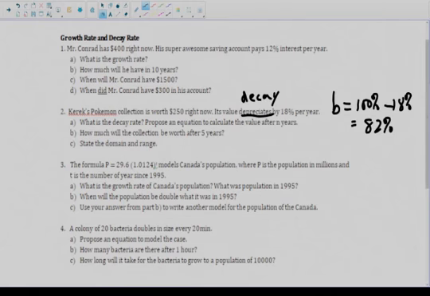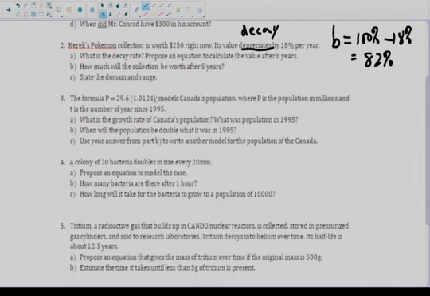For question 3, the formula is given to you. Now, the interesting part to question 3 is B. It says, when will the population be double? And for some reason, I've had students get confused with what to do with that. Well, that's because they don't understand what the original population is. Now, be careful here.